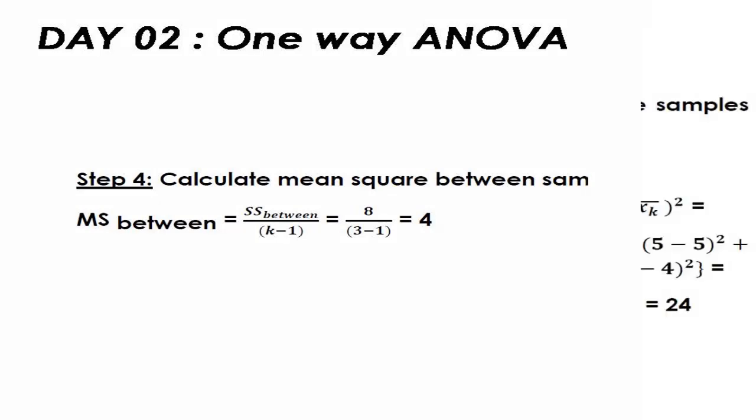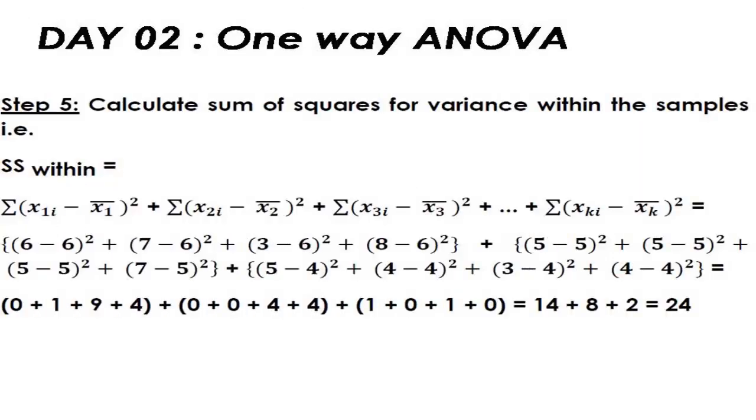that is represented by SS within, which will be equal to summation of (x1i minus x1 bar) square plus summation of (x2i minus x2 bar) square plus summation of (x3i minus x3 bar) square plus dot dot dot summation of (xki minus xk bar) square.